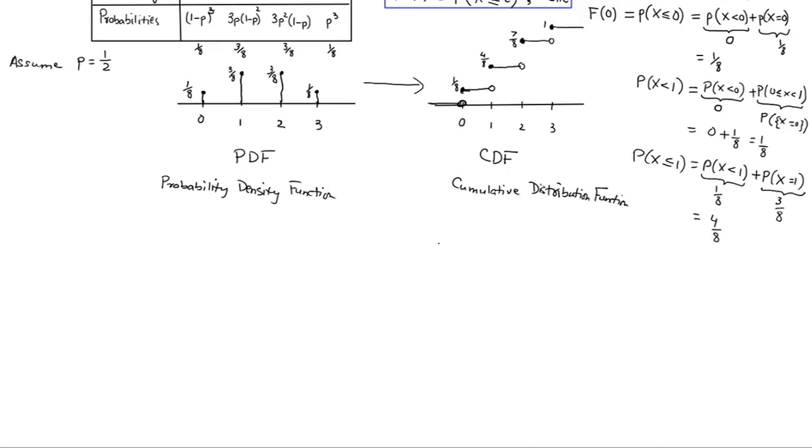So for example, can you tell me what this value is? When I say 0 superscript minus, it just says values less than 0.